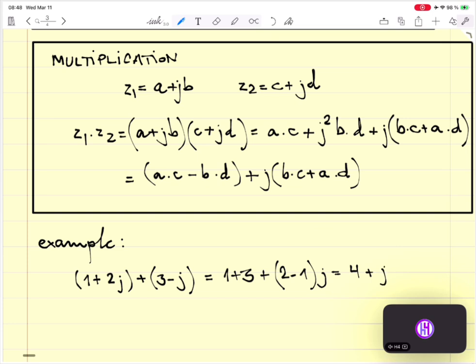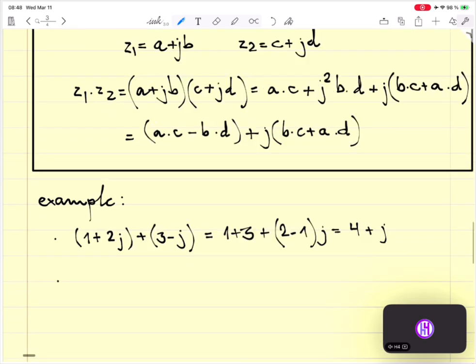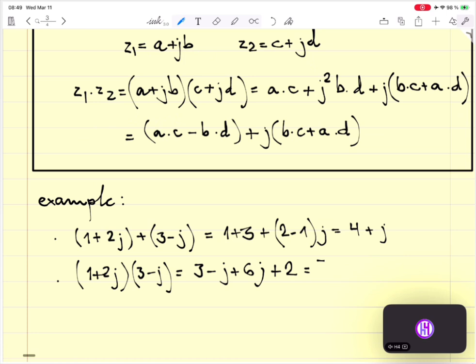Okay? This is just adding, subtracting is the same. What if we say 1 plus 2 times j times 3 minus j? This equals 3 minus j plus 6j plus 2. So it's equal 5 plus 5j. All right.